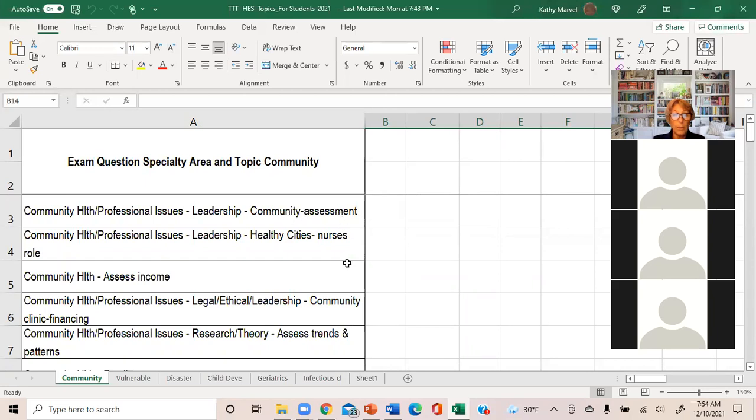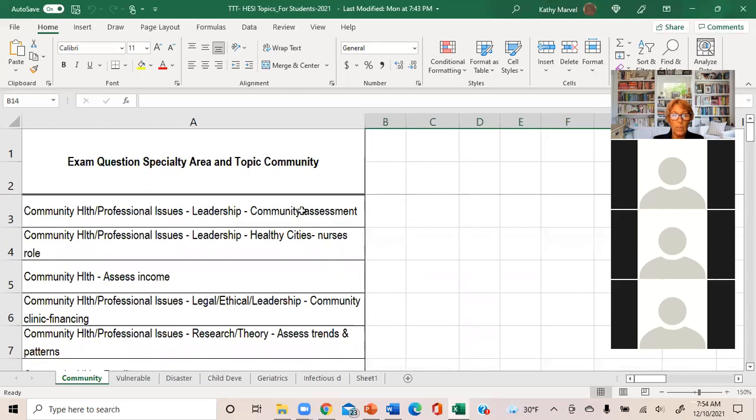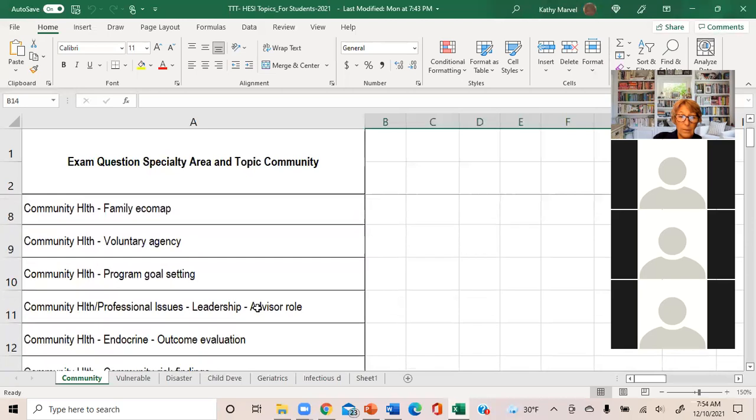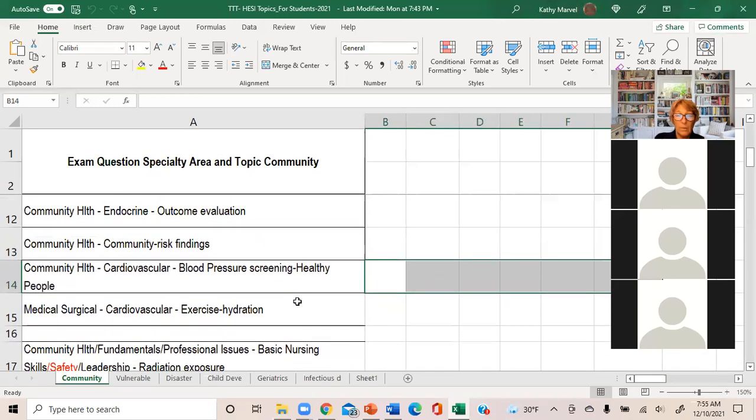Let's just go through all of them, and we can then go back and decide on questions. There were questions on community assessment, the nurse's role, assessing income, community clinic financing, trends and patterns, family eco map, voluntary agency, program goal setting, advisor role, outcome evaluation, risk findings, blood pressure screening, then med surg: exercise, hydration. So what kind of questions are we thinking about for some of these?